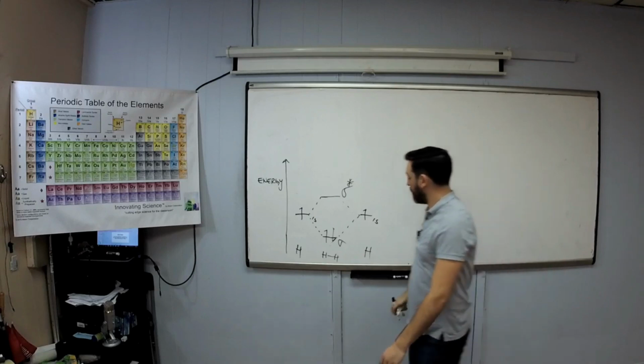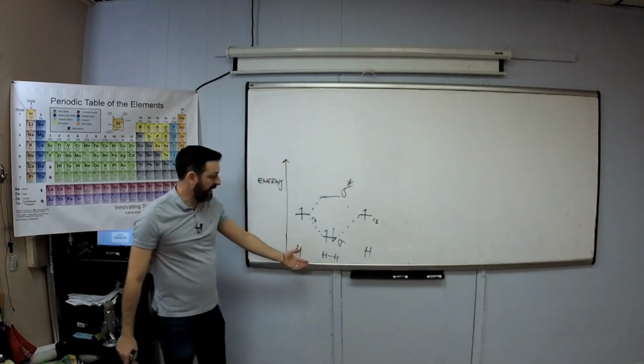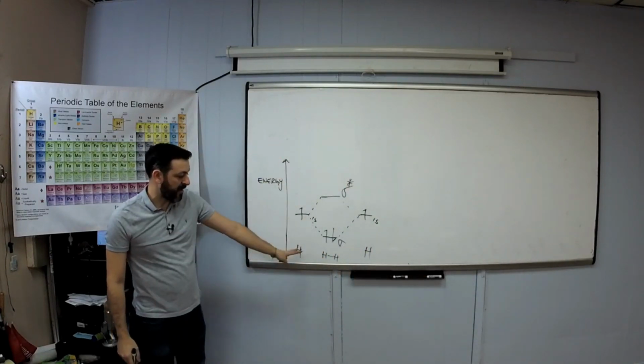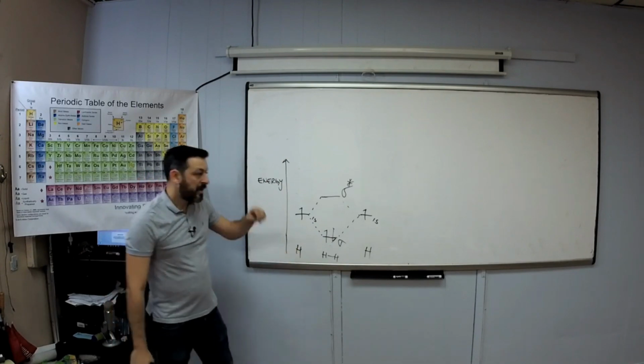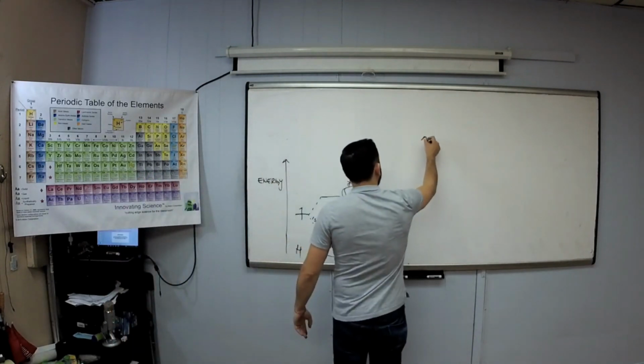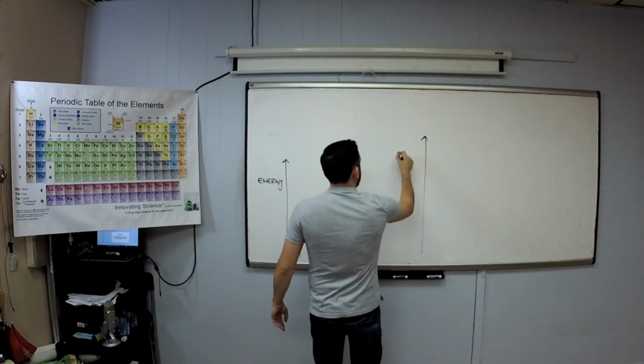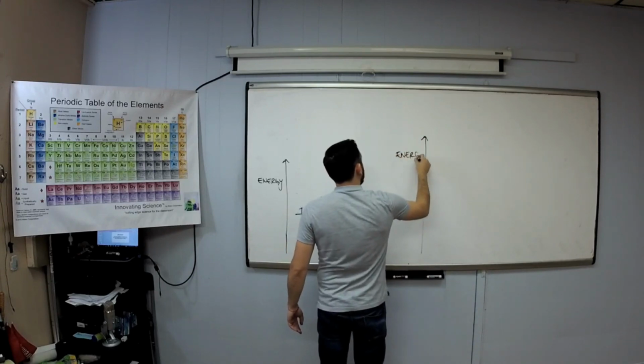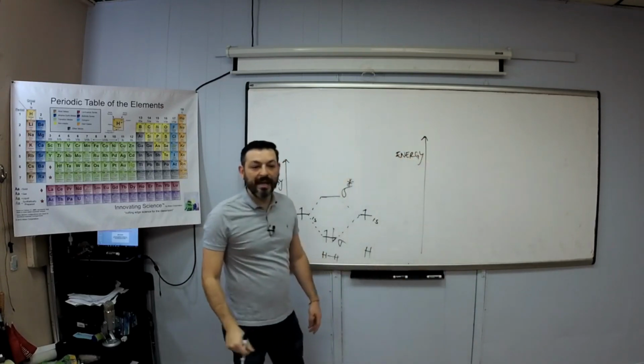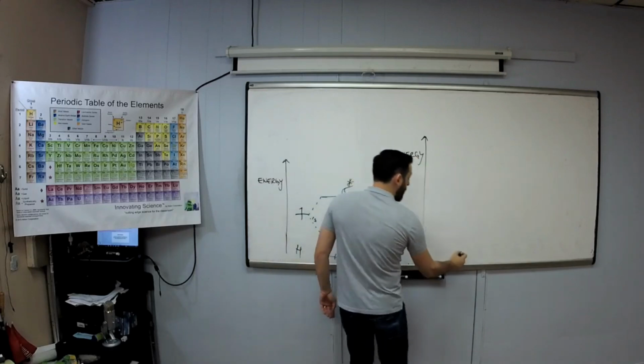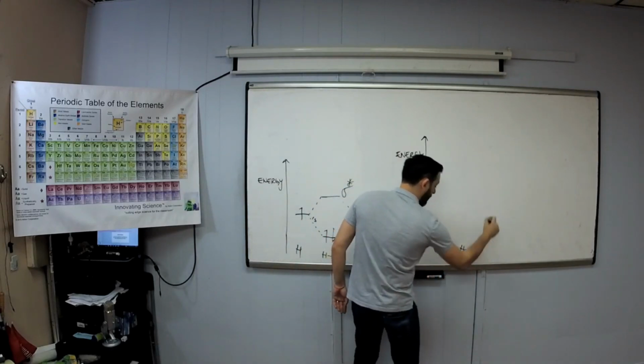This is the molecular orbital energy diagram for H2. How do we draw the molecular orbital energy diagram for helium-2?